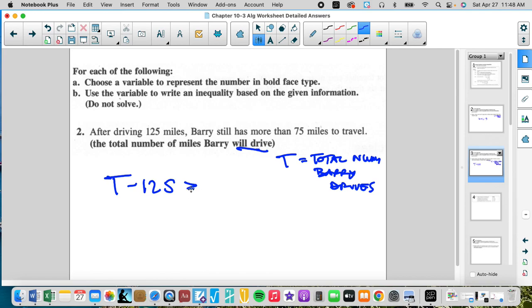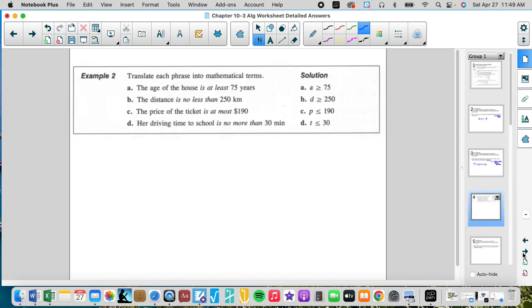So this has to be more than 75. T is how much he's going to drive. He's already driven this, which we'll subtract, and that remainder needs to be more than 75. These are challenging. This is not easy, but we can do it. You've got to think it out.